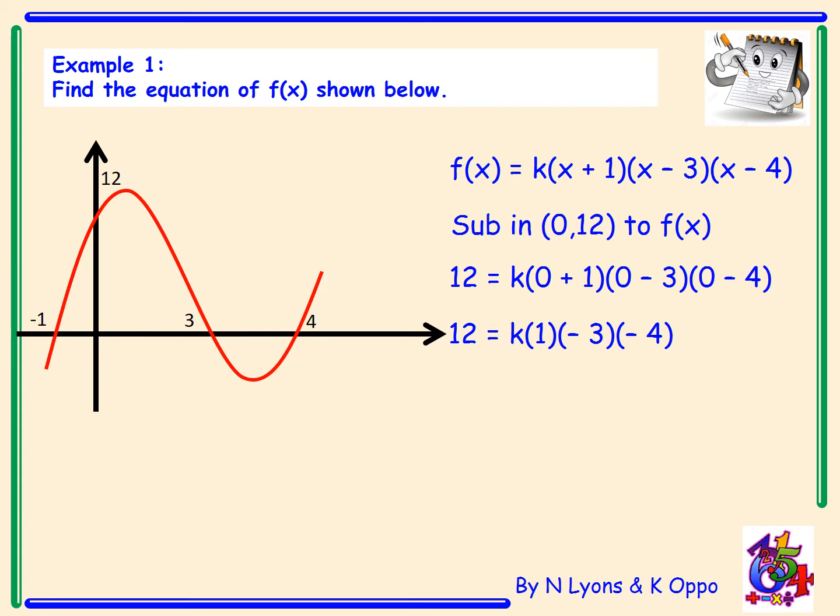Simplifying our brackets on the right hand side, this gives k times 1 times -3 times -4. 12 is equal to 12k, so k has a value of 1. The equation of f(x) is x plus 1 times x minus 3 times x minus 4.